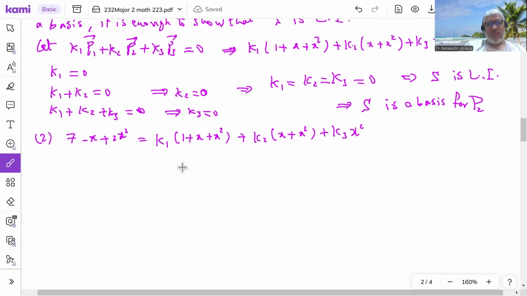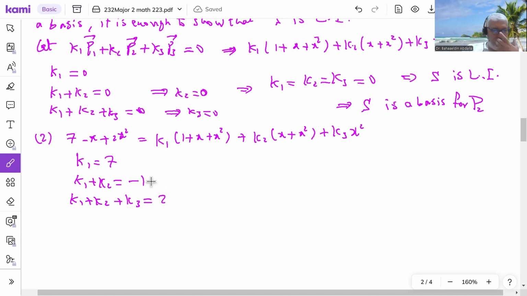Again, this is a system, but we will not have the right-hand side zeros in this case. We will have K1 equals 7, and K1 plus K2 equals the coefficient of x, which is -1, and K1 plus K2 plus K3 equals the coefficient of x squared, which is 2.